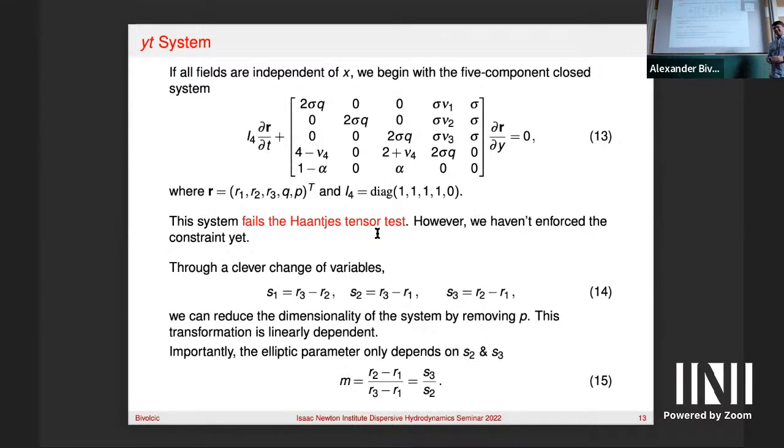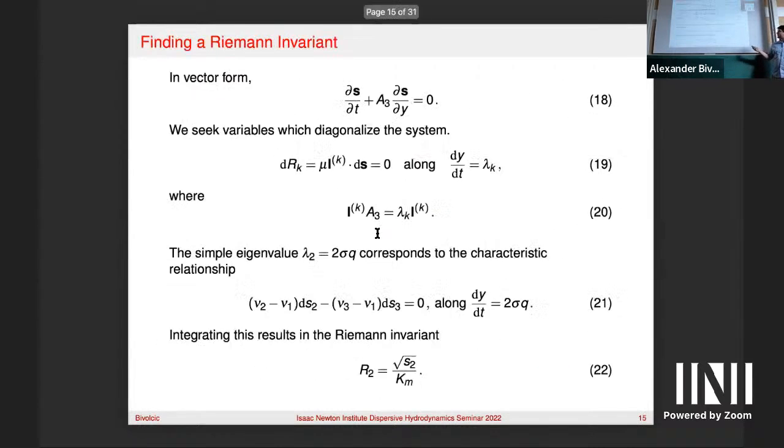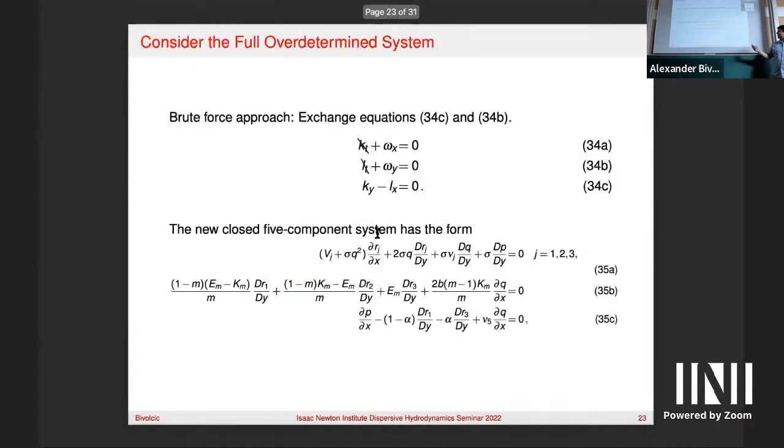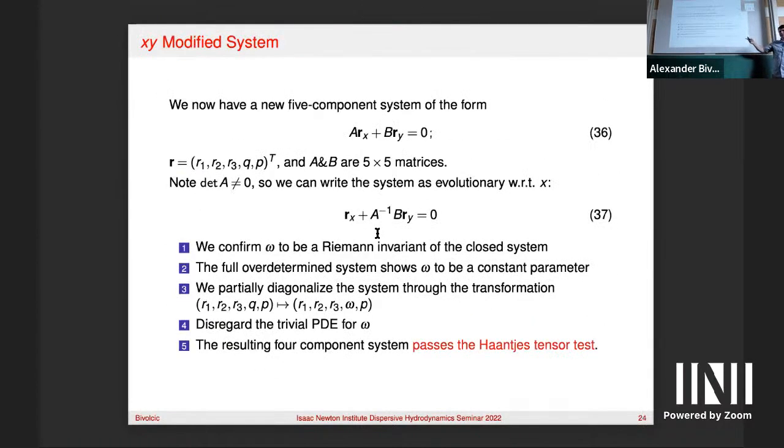The tensor is very big and very scary looking, and I'm not entirely sure if we would be able to exploit it. But the different perspective is nice. If intelligible, it may give us some insight. When I calculate that tensor on a 3x3 system, it's very big. With this 5x5 system, just putting the matrix in evolutionary form, like it is in 37, that matrix is already too big to even fit on a page, let alone the tensor that I'm calculating from it. So it would be a lot to decipher.